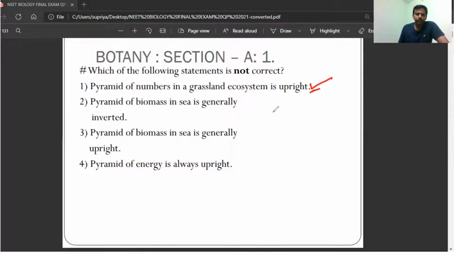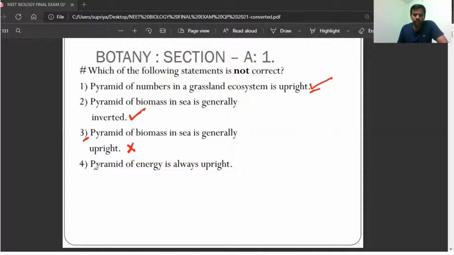And the pyramid of biomass in sea is generally inverted. Sea means the aquatic ecosystem, that is inverted. That is also correct. And the pyramid of biomass in sea is generally upright. Here, this option is not correct. Pyramid of biomass in sea is not upright, it is inverted.